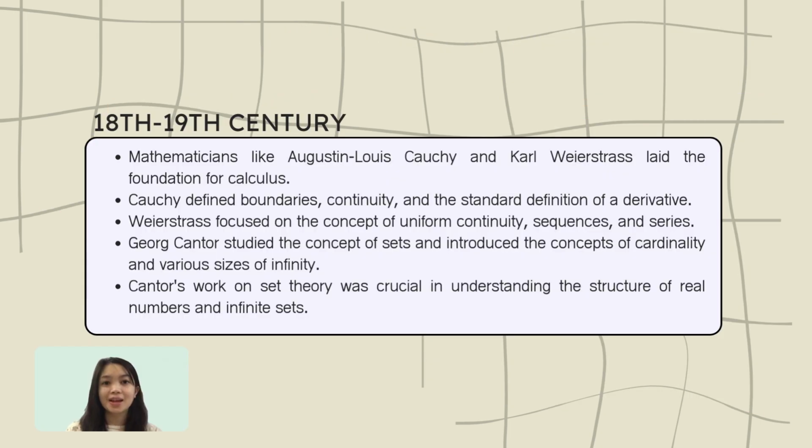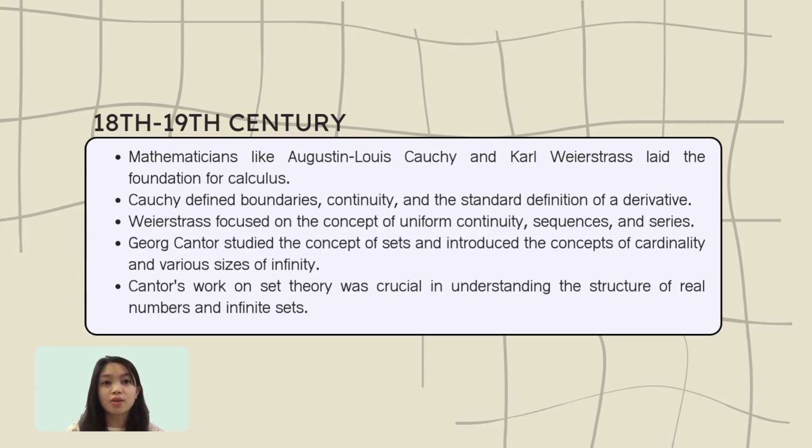However, it was not until the 18th and 19th centuries that real analysis took shape as a formal discipline. Mathematicians like Augustin Louis Cauchy and Karl Weierstrass laid the foundation for calculus. Cauchy defined limits, continuity, and the standard definition of a derivative.